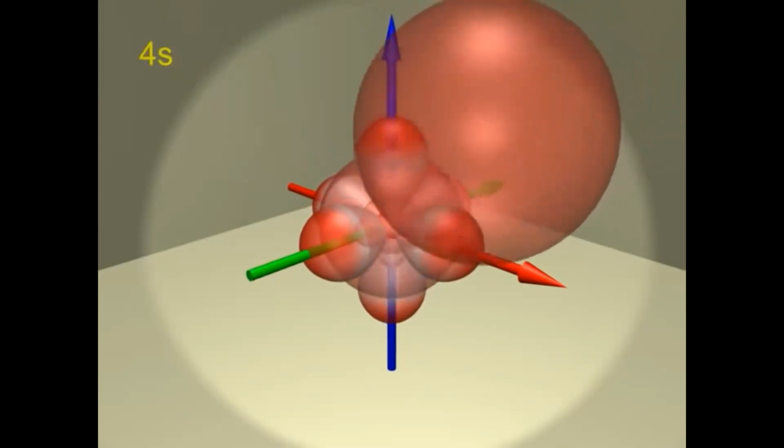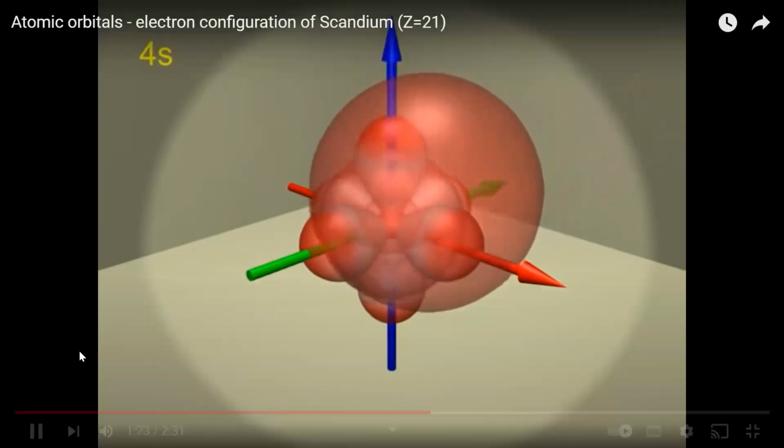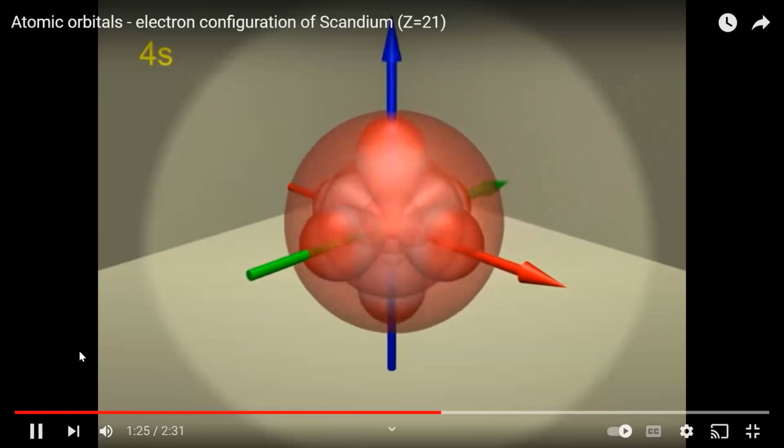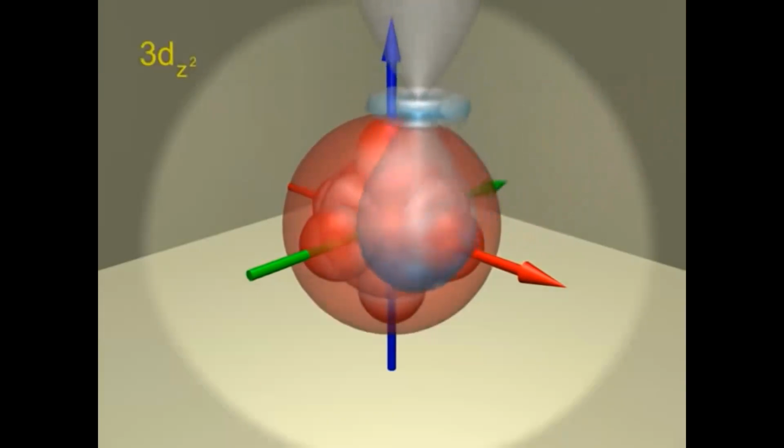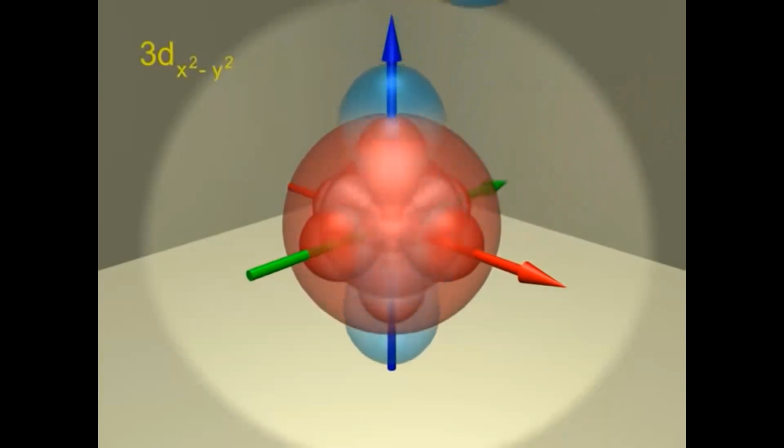For S, remember 4s before D. Look at your activity. And D has 5 subshells.